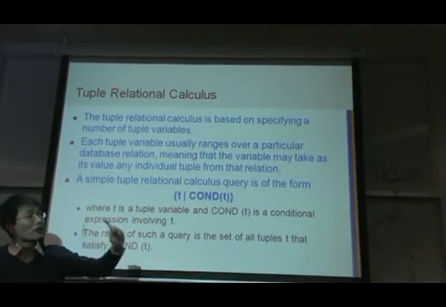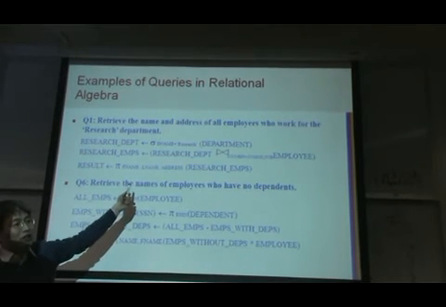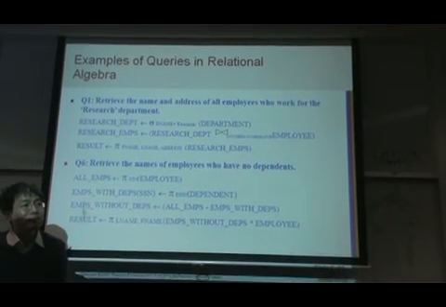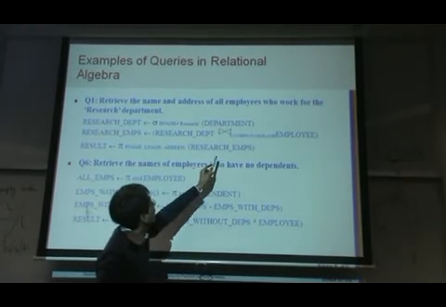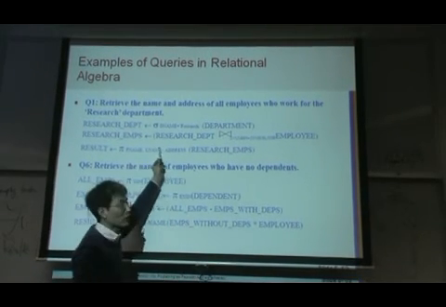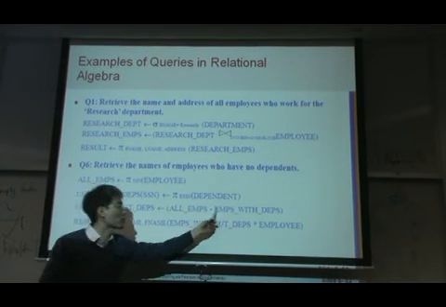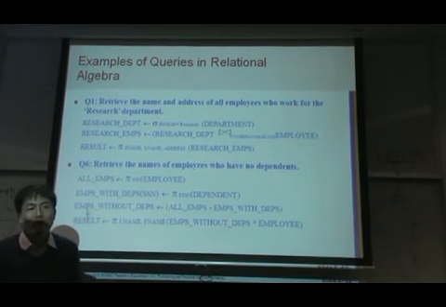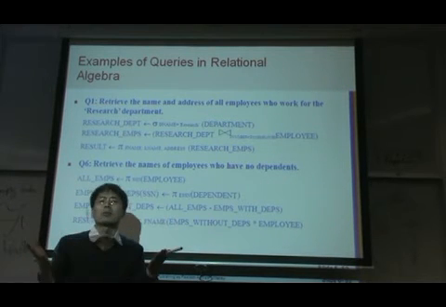Relational algebra actually shows, as you can see here, step by step. Okay? First, access department, then join, then project. First, access employee, then access the dependent, then subtract, then natural join. So the output is the same.